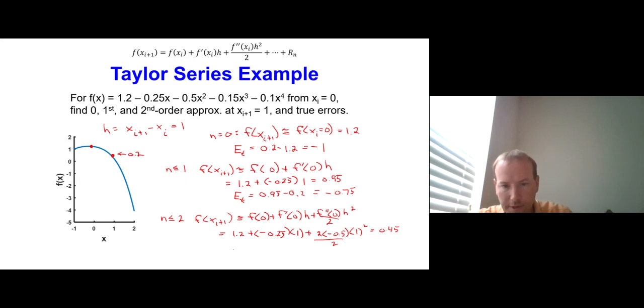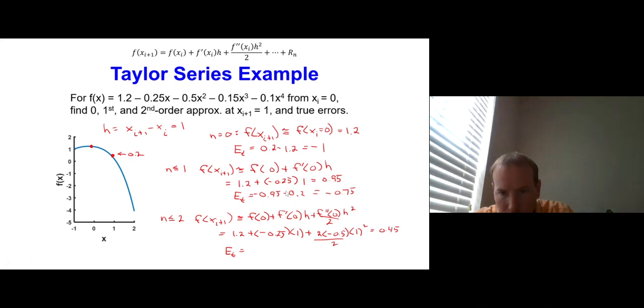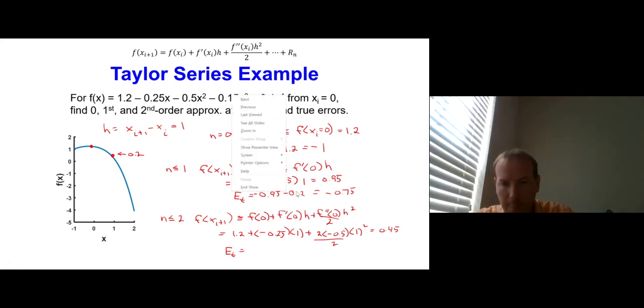Okay, and so the true error, if we subtract the actual value, I'm sorry, I put this in the wrong order previously. This is positive, this is negative.